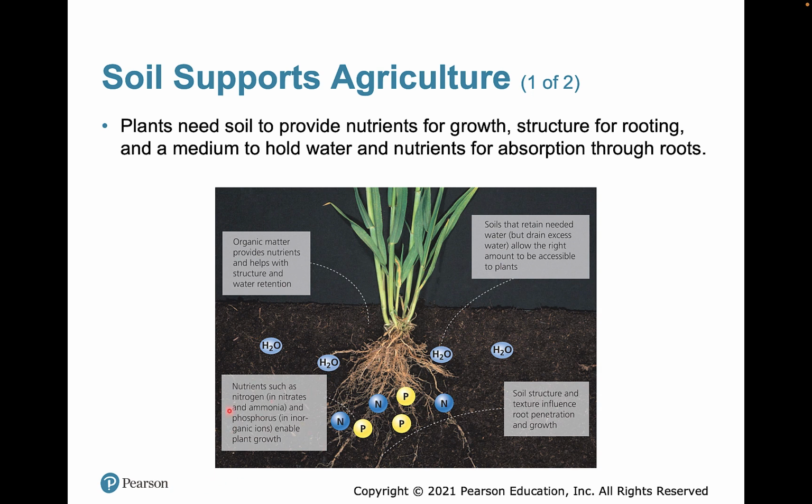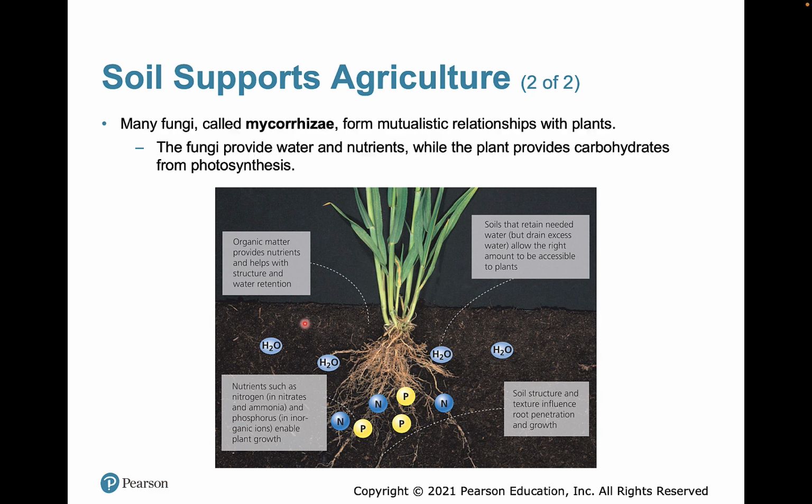So they need to be in the soil. You need the right texture of soil, which we're going to talk about in a little bit. They need to be able to hold water, but not too much water. And that organic material helps to provide structure and water retention. So you need a really healthy soil in order to allow plants to grow.